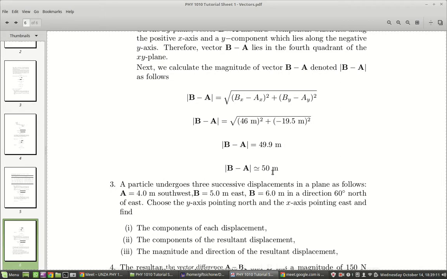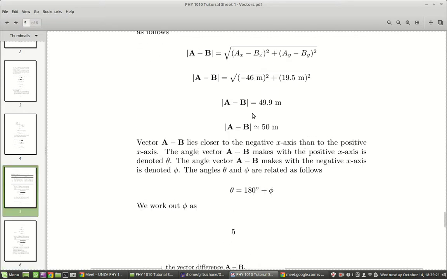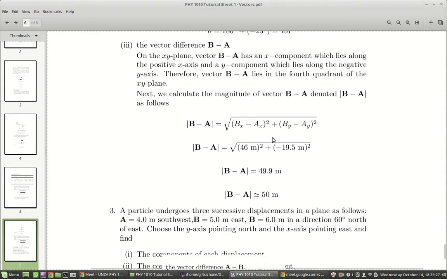So you see something here: a minus b and b minus a actually have the same size. Here 49.9, which is approximately 50, and for b minus a, 49.9 again, approximately 50.